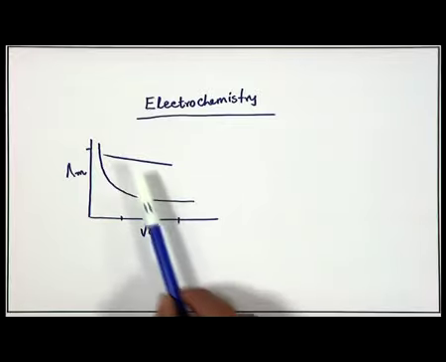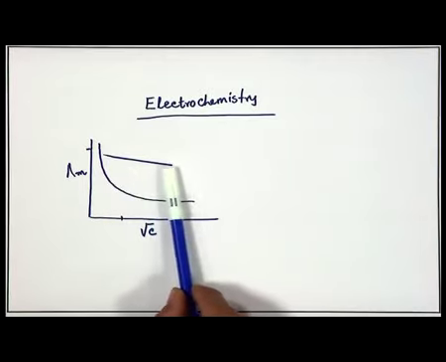In the last lecture, we talked about the molar conductance and its variation as a function of concentration for a strong electrolyte, and the variation follows a trend like this.